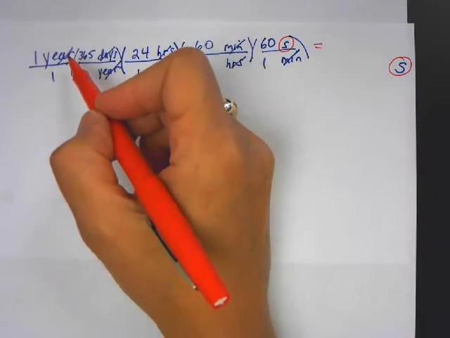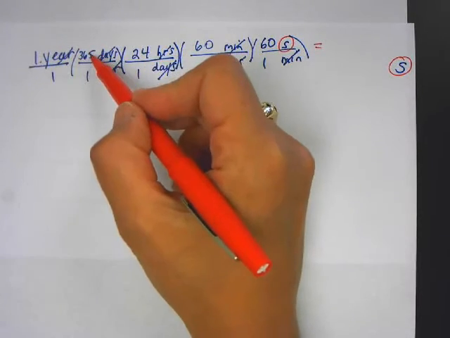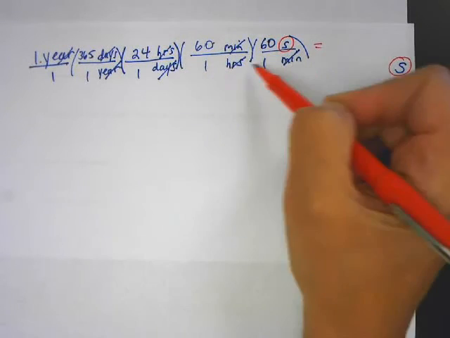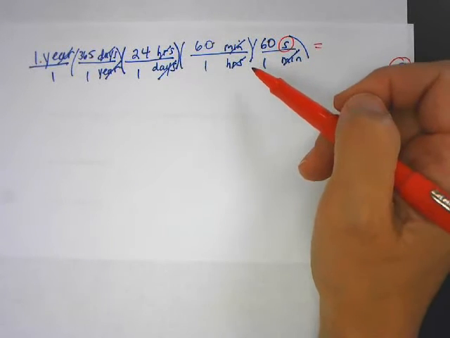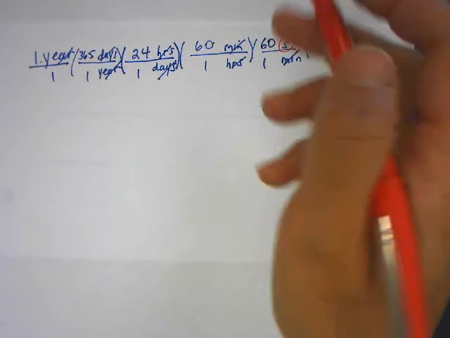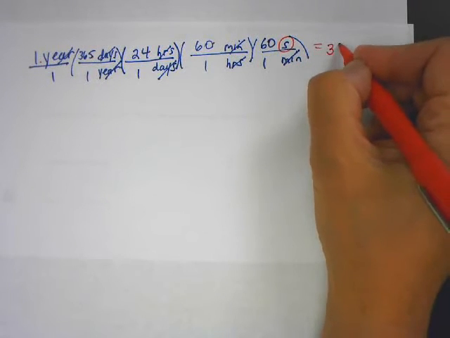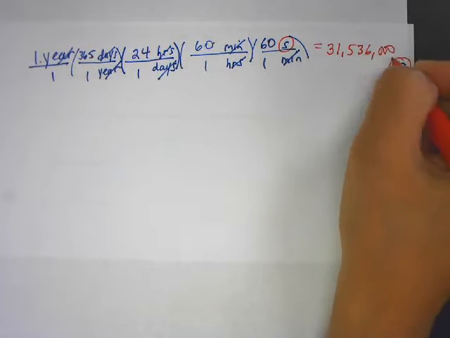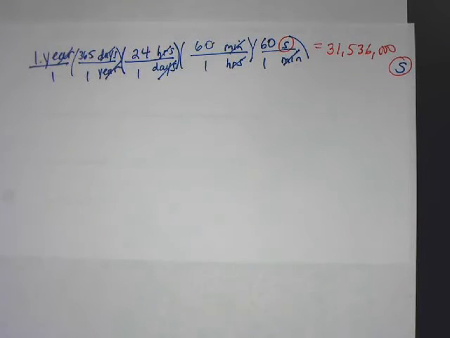Well, you multiply everything in the numerator: 1 times 365 times 24 times 60 times 60. And you divide by everything in the denominator, which in this case is just 1. My answer comes out to be 31,536,000. That's my answer.